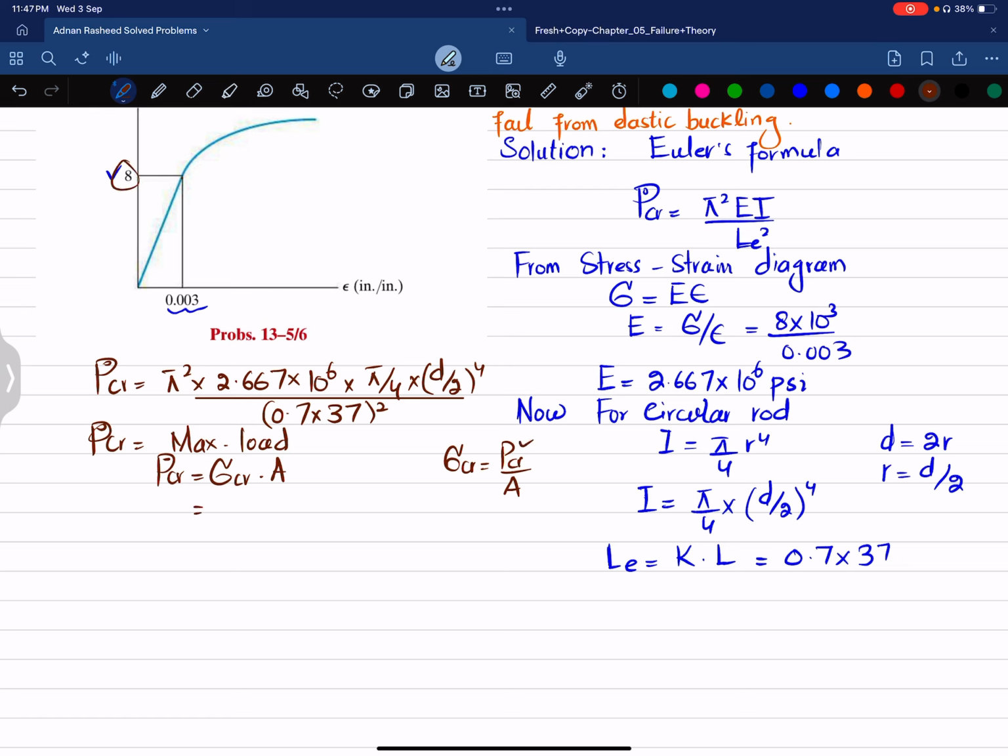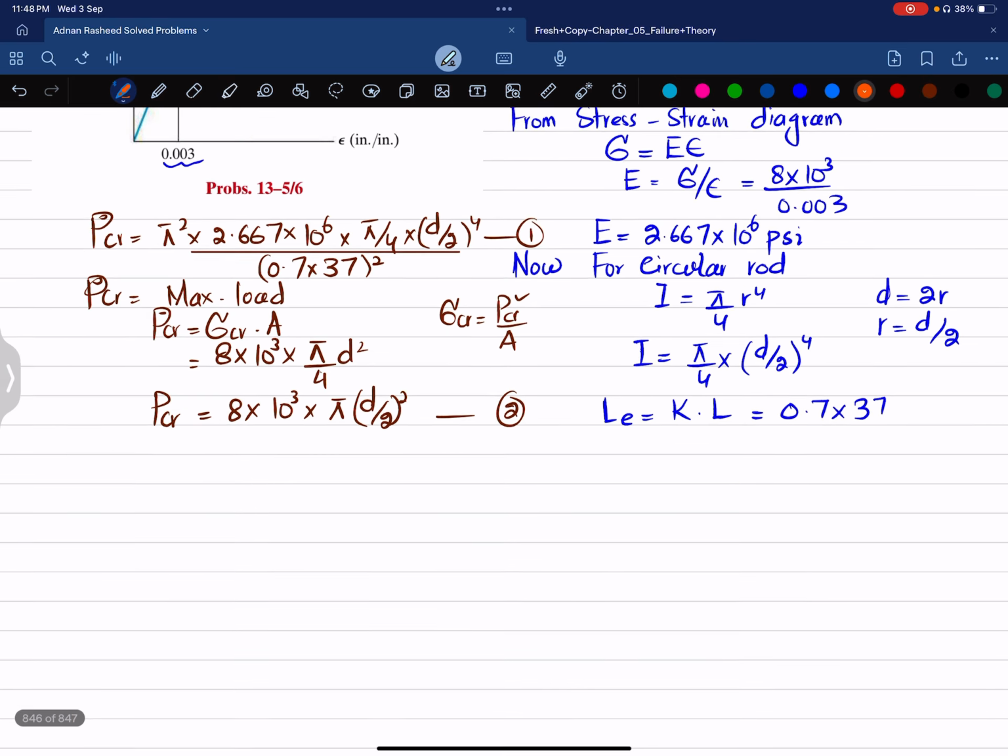Critical stress at the proportional limit is 8 ksi, so 8 into 10 raised to power 3 multiplied by area, which is pi by 4 d square. You can also write it as 8 into 10 raised to power 3 multiplied by pi into d divided by 2 whole square. This is P critical. Let this be equation number 1 and the previous one equation number 2.